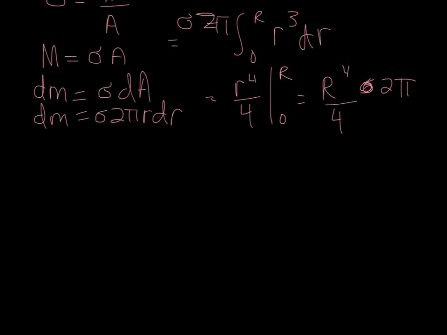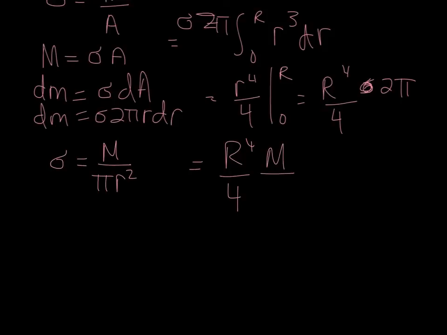Sigma is a value of m over pi r squared, so I'm going to use that. Ultimately I've got r to the 4th over 4 times m over pi r squared times 2 pi.